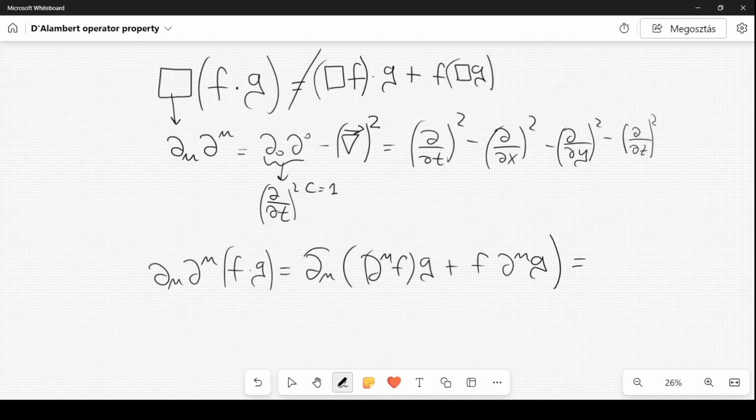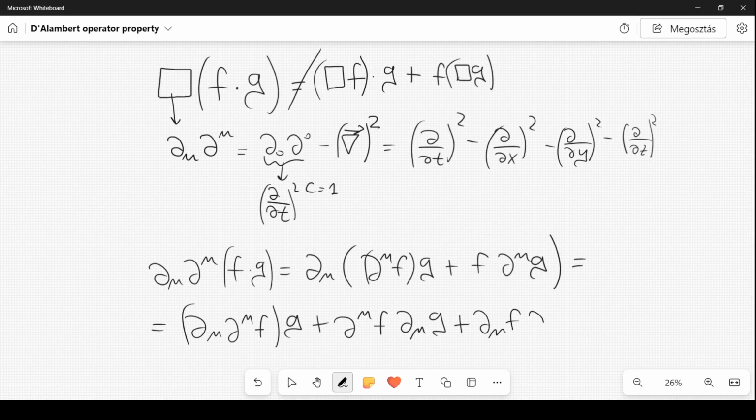And then we can apply d mu here outside of this parenthesis. So we have d mu of d mu f times g, and then this can also act on g here. So we have d mu d mu f g plus d mu f d mu g plus d mu f d mu g plus f d mu d mu g.